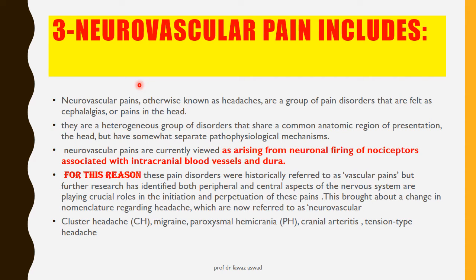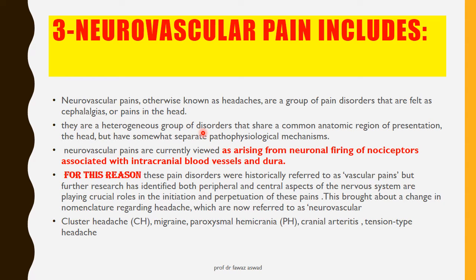It is considered to be a heterogeneous group of disorders and it affects a common anatomical region of presentation. Neurovascular types of pain are currently viewed as arising from the neural firing of nociceptors associated with intracranial blood vessels and dura.